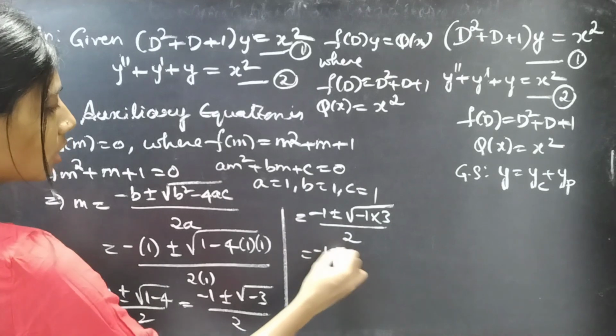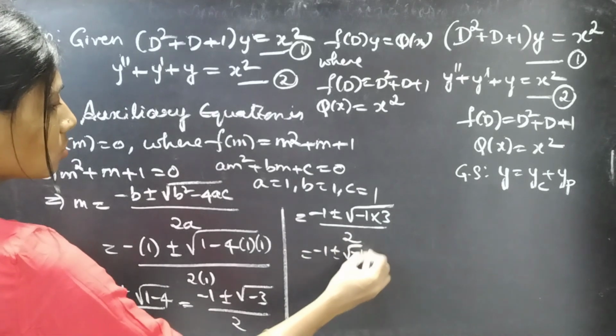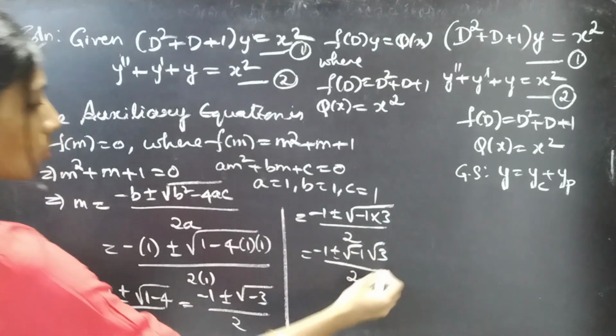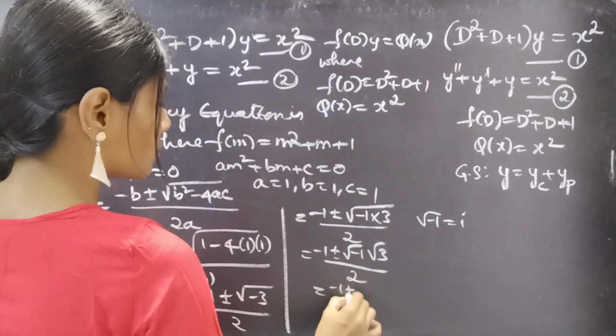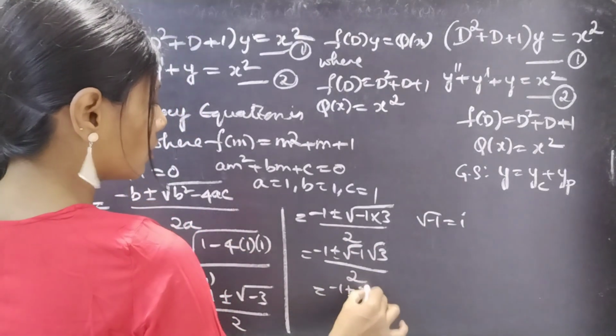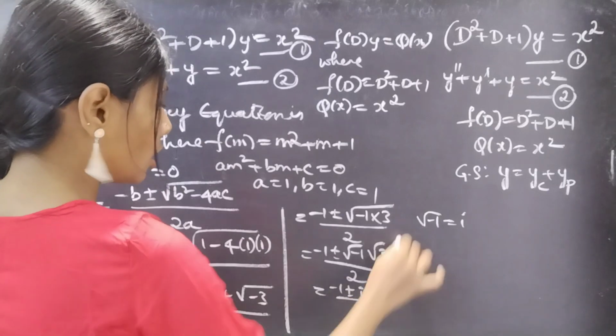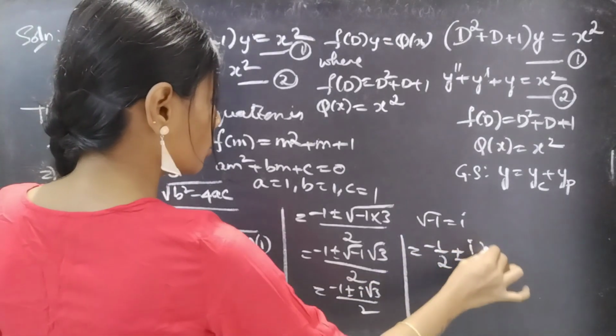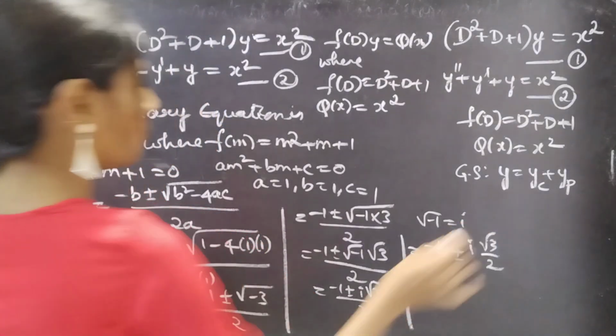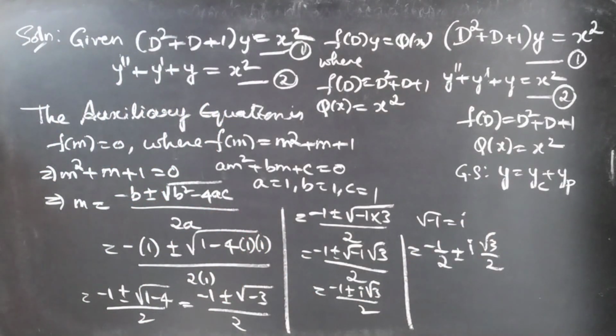Just split the square root as √-1 × √3, divided by 2. Since we know that √-1 is i, just replace √-1 by i. And we can split it as -1/2 ± i √3/2, a pair of complex conjugate roots.